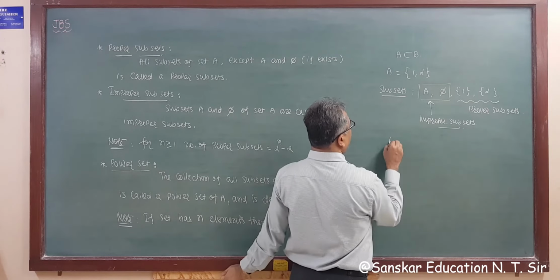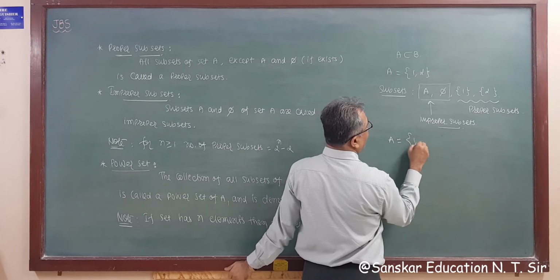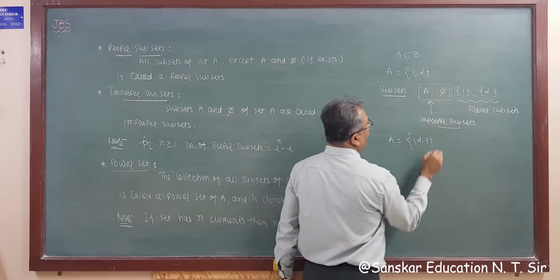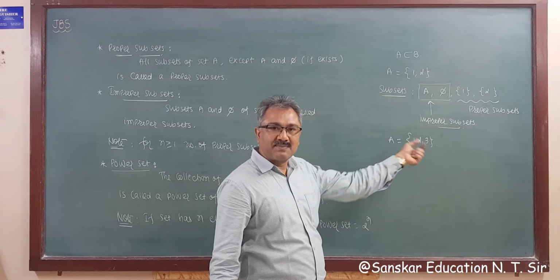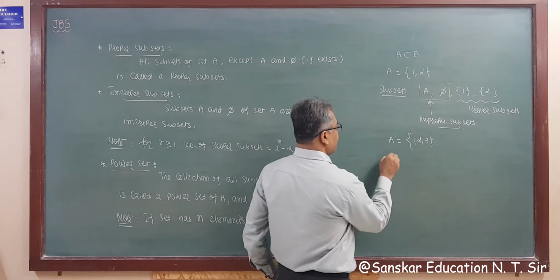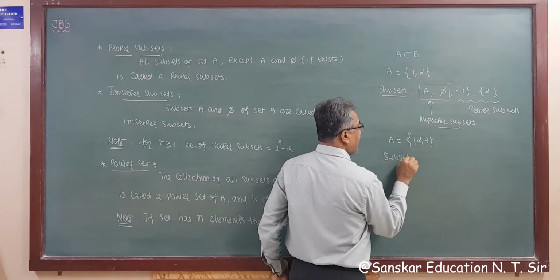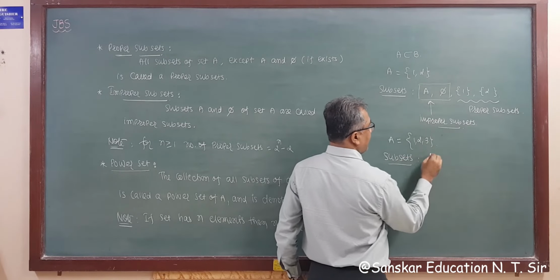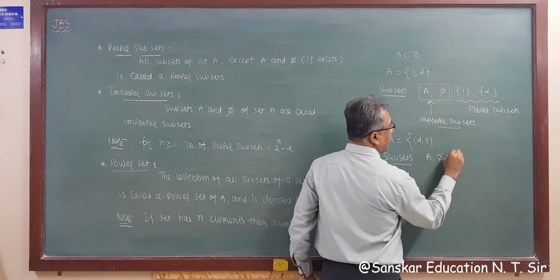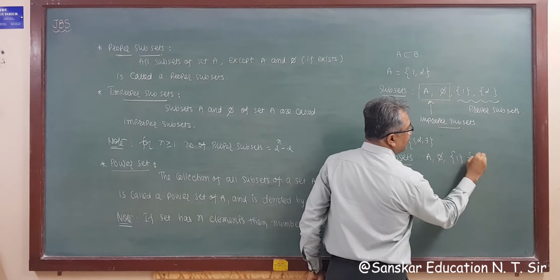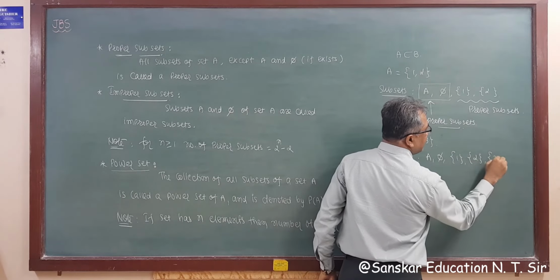Suppose we have A is equal to {1, 2, 3}. Then the total number of subsets is 8. So the subsets are A, phi, {1}, {2}, {3}, right? Single-element sets.